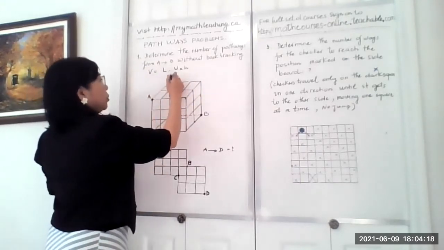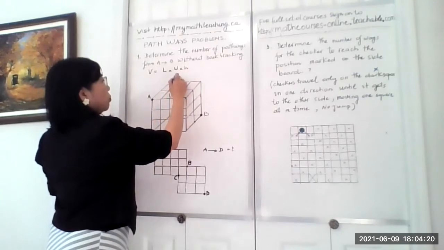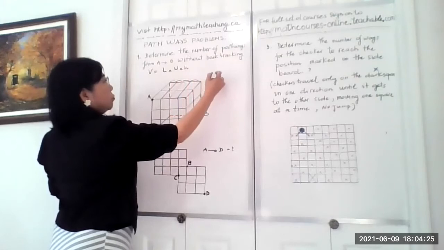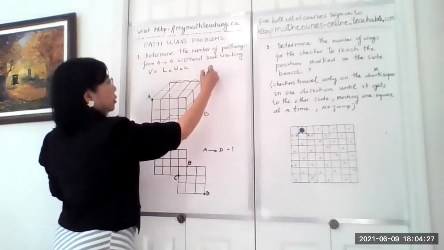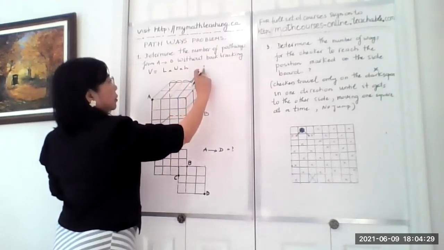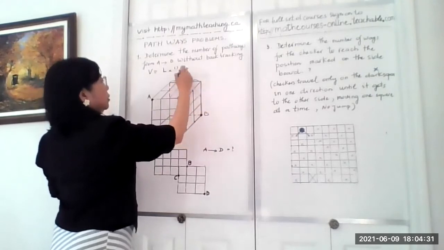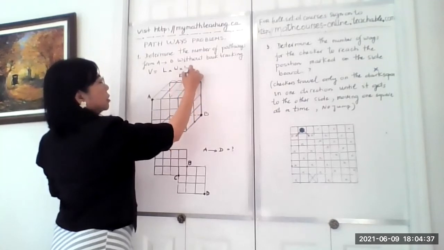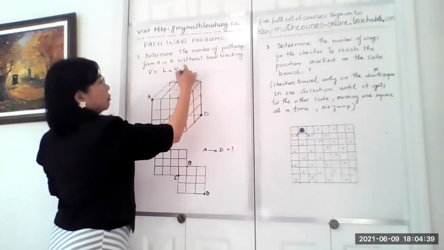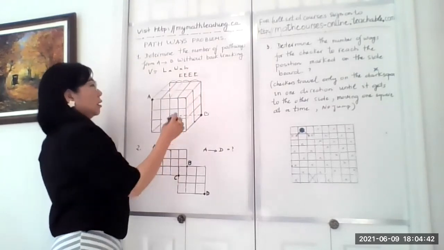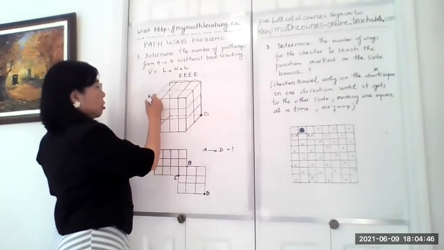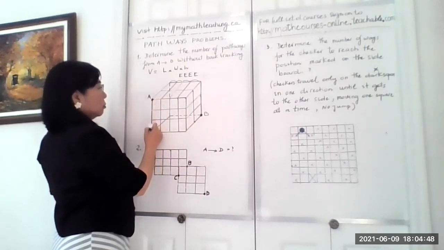So the way you do it, you will count 1, 2, 3, 4 blocks, and you put the letter E, 4 letter Es. And to get down to B, you also have to go down.